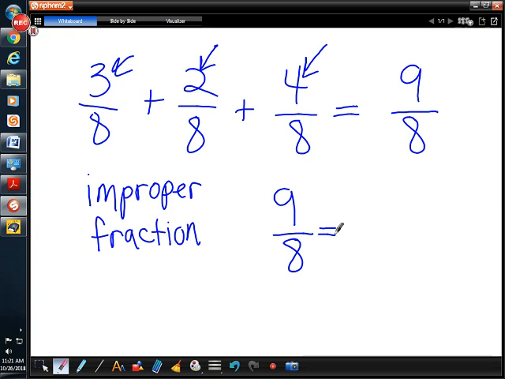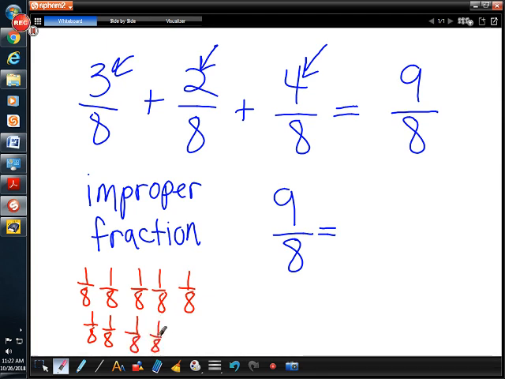There are a lot of ways to do this, but there are 2 ways that are my favorite. One way is to think about it like this. If I had 9 of these 8s, let me draw out 9 of them: 1, 2, 3, 4, 5, 6, 7, 8, 9.